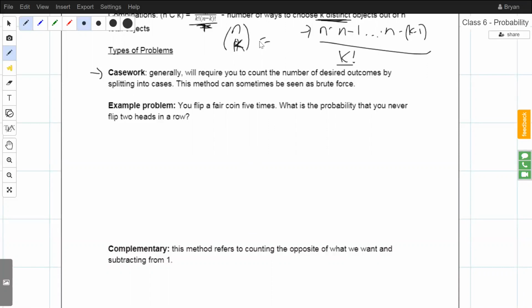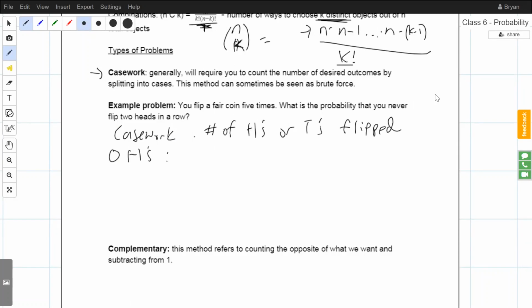And we can use casework in this problem on the number of heads or tails flipped, right? So our first case would be that you have 0 heads, and there's only one way this can happen, where everything is just tails.